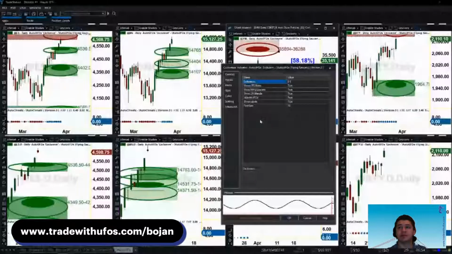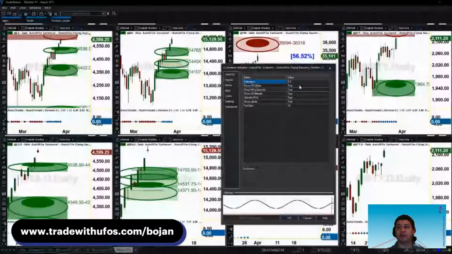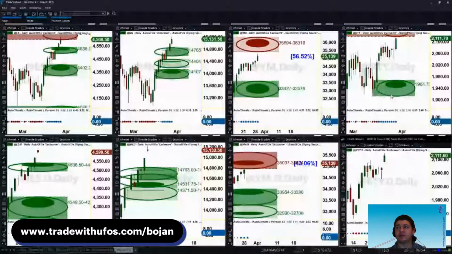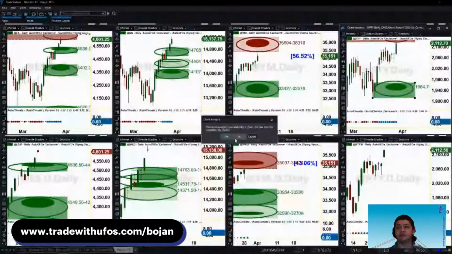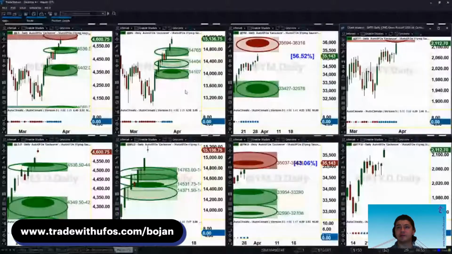So when I typically trade, I trade on the 618 value here, not on the 0.5. I'm not sure why. My default is set to be that. Okay, that's going to make some difference.